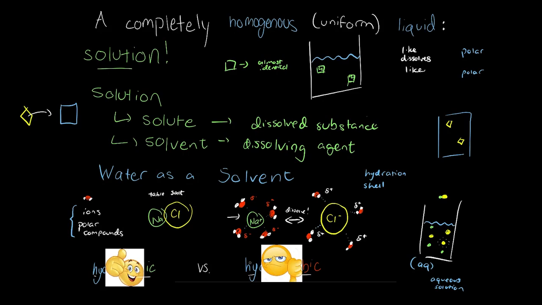So we'll use this theory in most of our problem solving from here on out. That means that hydrophilic substances are usually polar, and hydrophobic substances are usually nonpolar. And vice versa. Nonpolar substances are usually hydrophobic, polar substances are usually hydrophilic.